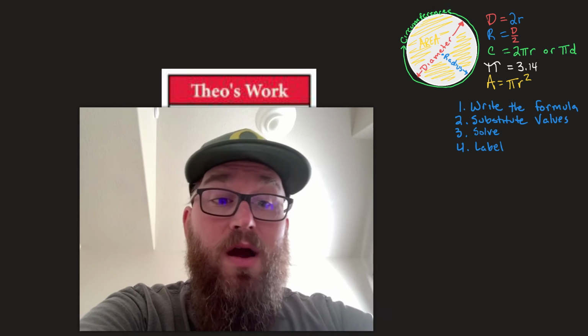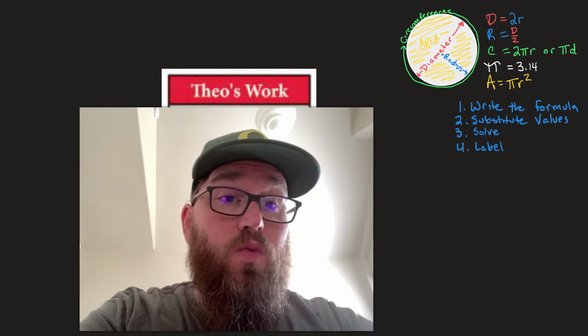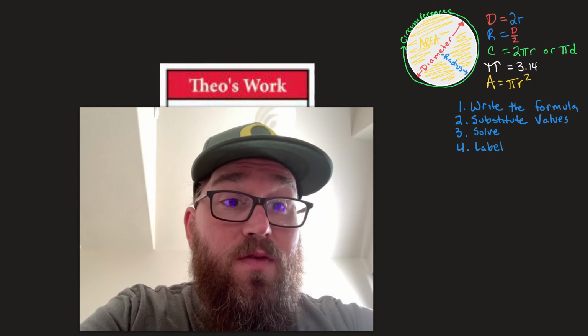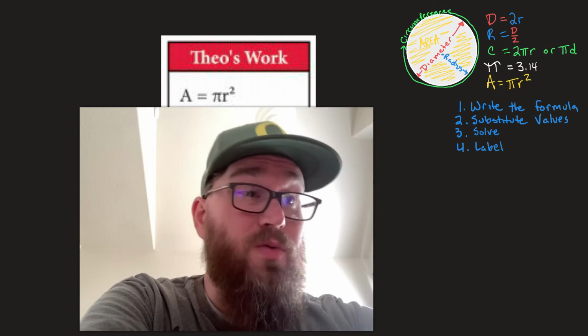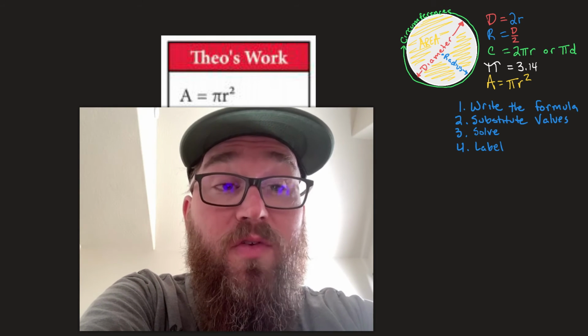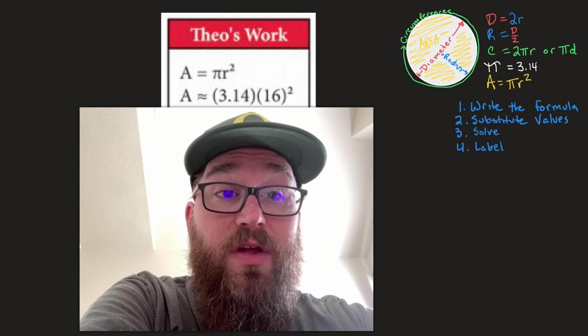Good. All right, for this one, I want you to catch Theo's mistake. So here is Theo's work, and you're going to see. It starts out and says area equals pi r squared, and in the circle, which you don't have a picture of, the radius was 16. So Theo does this, 3.14 times 16 squared.